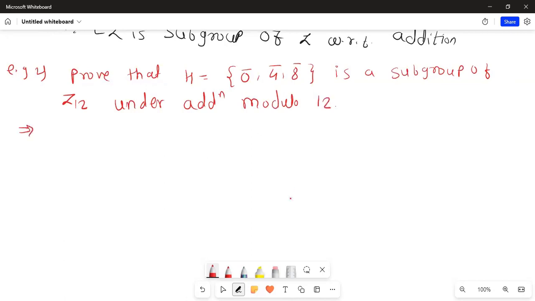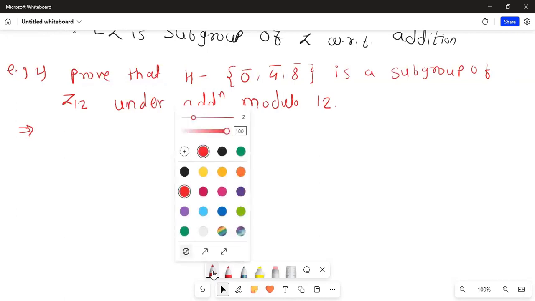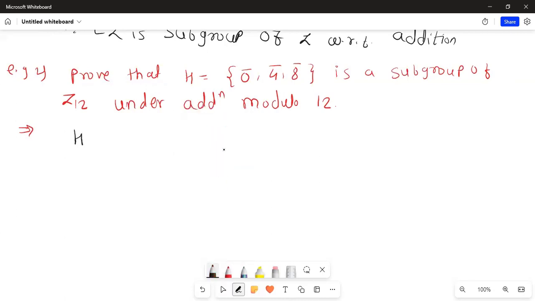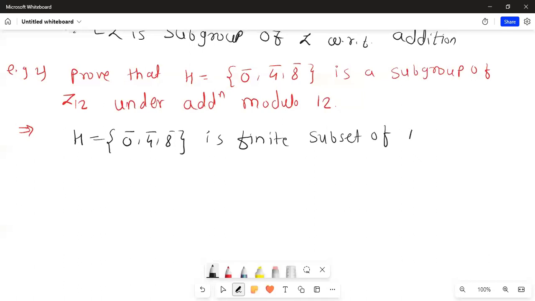So see the solution. Given H is equal to {0 bar, 4 bar, 8 bar}, it is a finite subset of Z12. Let us prepare the composition table.